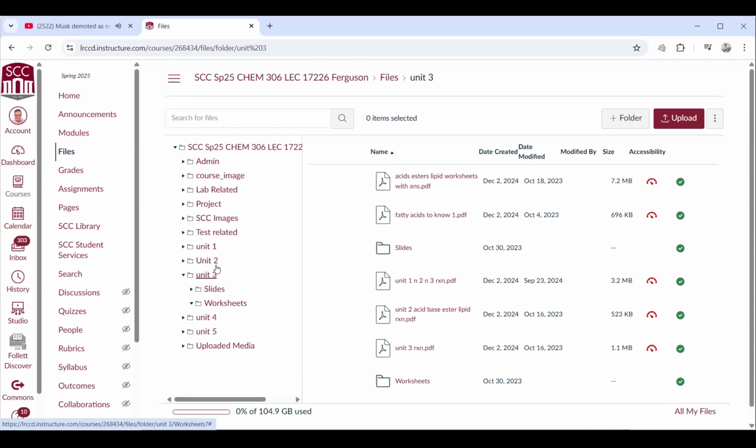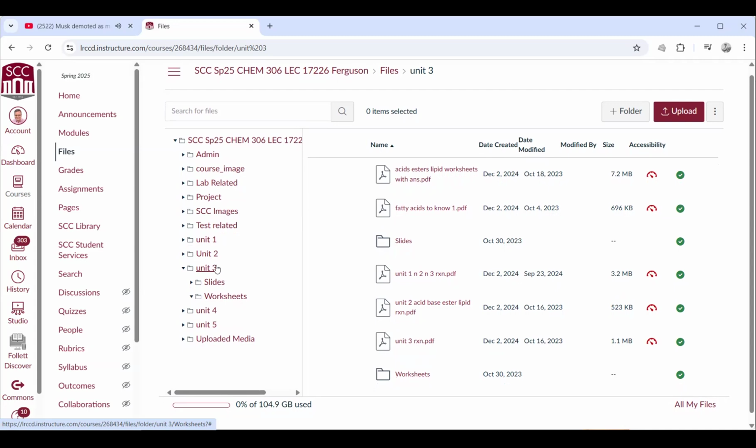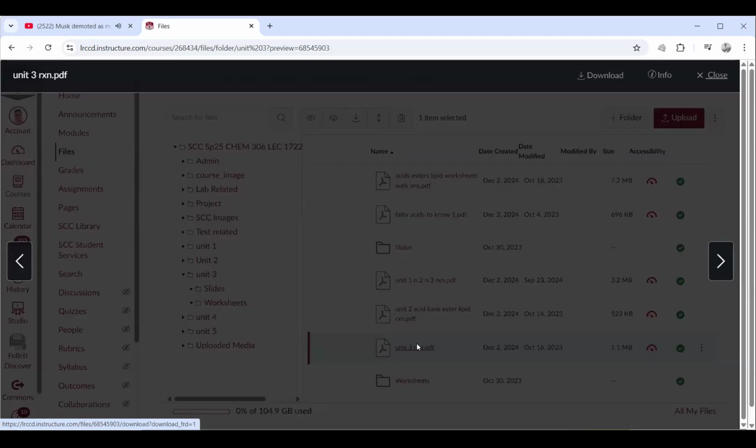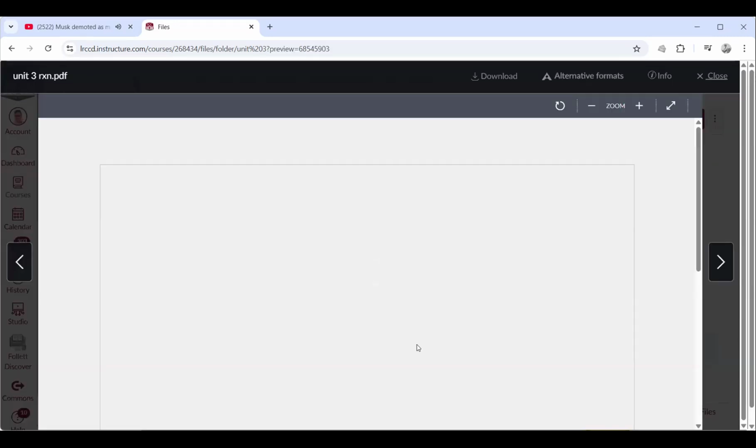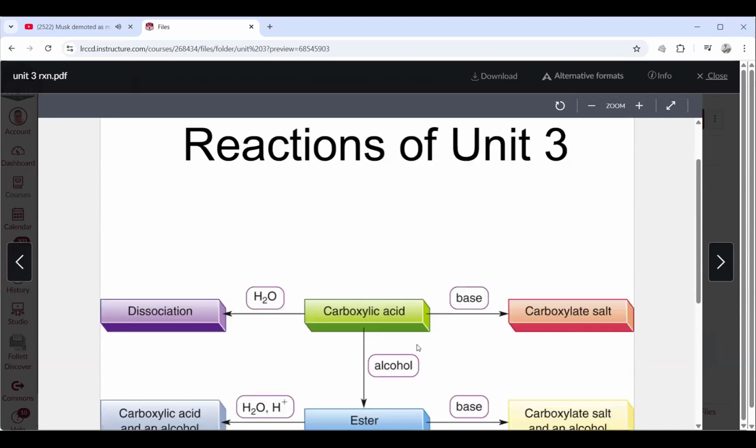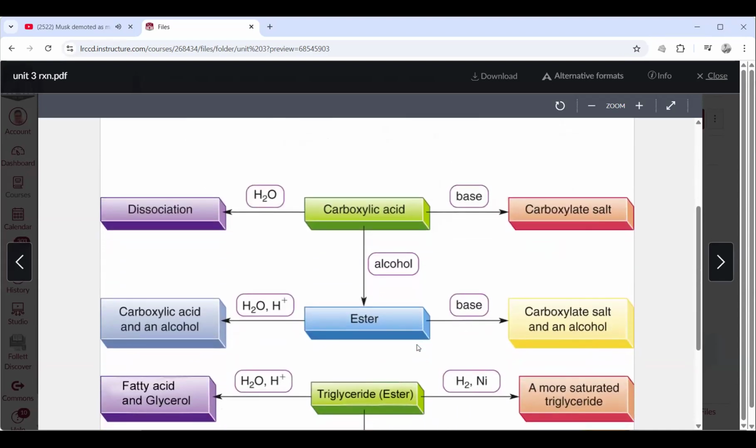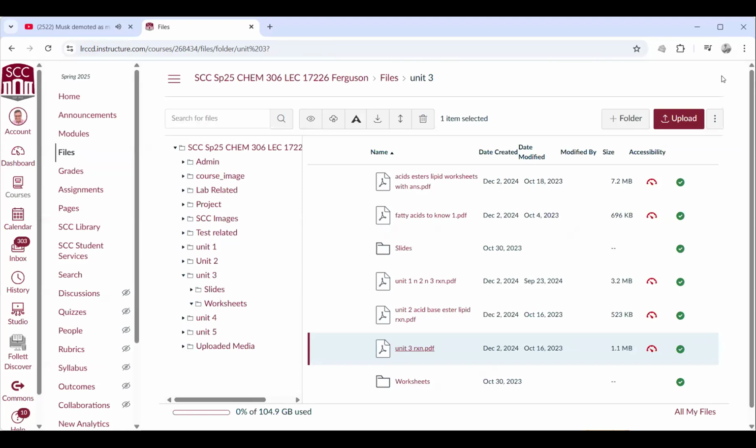And there is a corresponding flow chart for the reactions. So, I'll always give you that for tests. That's not going to change.